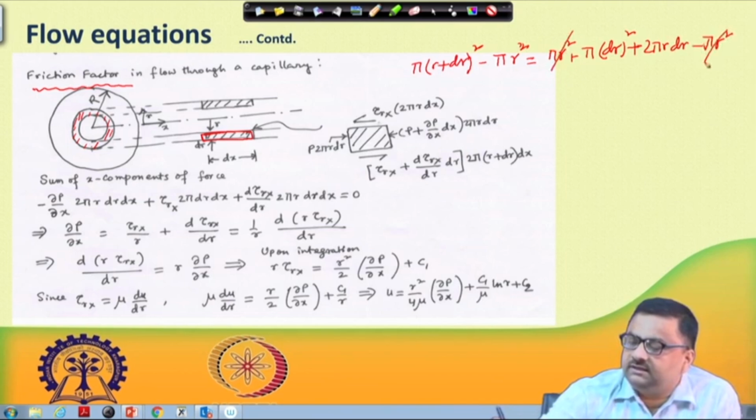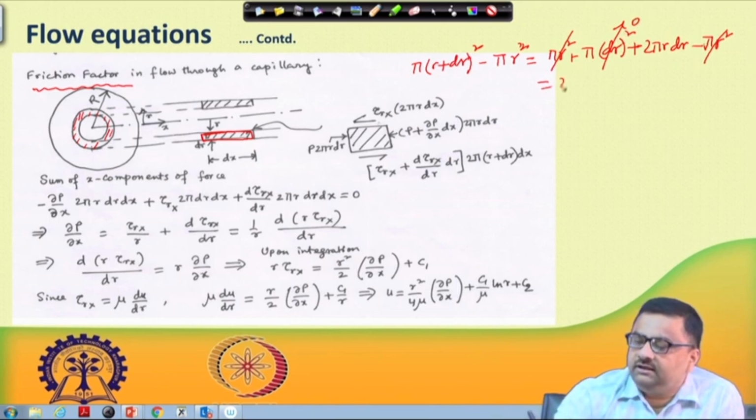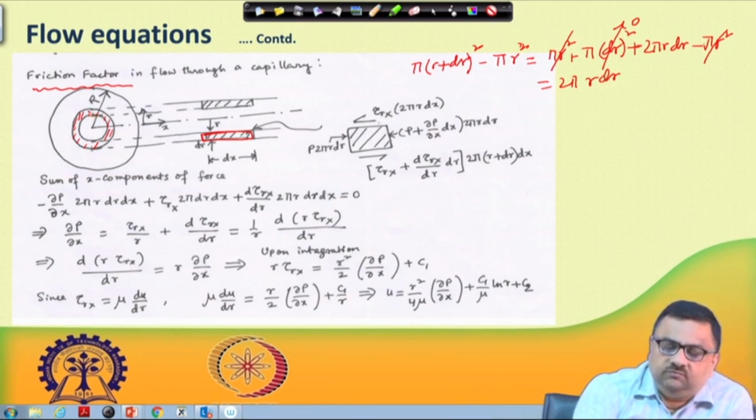So, these will cancel out, and dr being small, since this is a differential element, this term is set to 0. So, you end up with the differential area being 2 pi r dr.